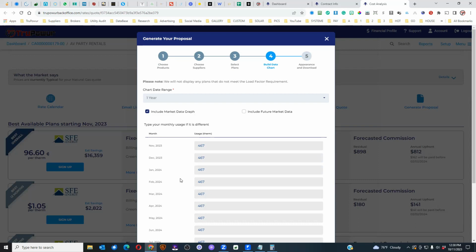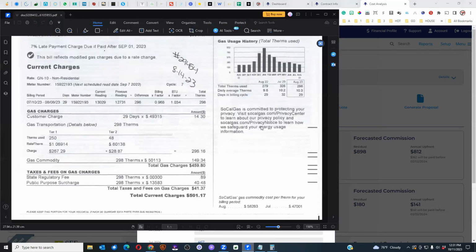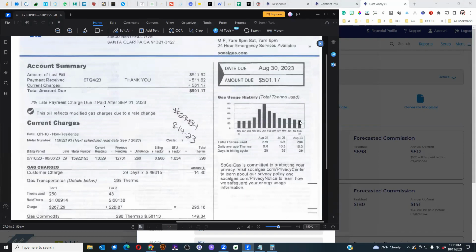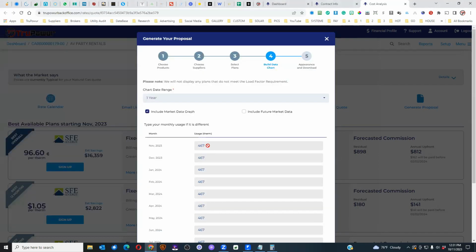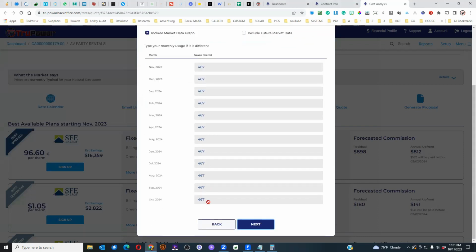Now, right now, it's taking the total amount of therms, annual therms, and dividing it evenly. We need to move that information from their bill up here. So if we do that, we know that this one is, you can change these specific to whatever that customer's usage is.